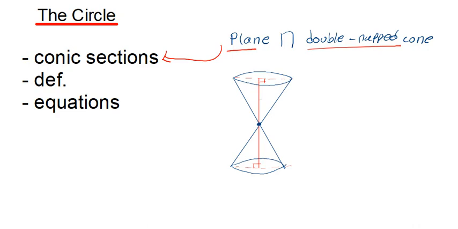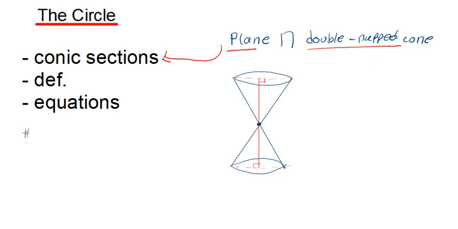Okay, so the simplest definition that you can use for the circle is that it's a set of points that are at a distance from a fixed point called the center, and that distance is called the radius.